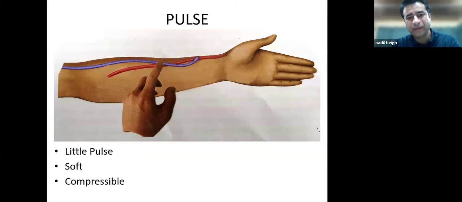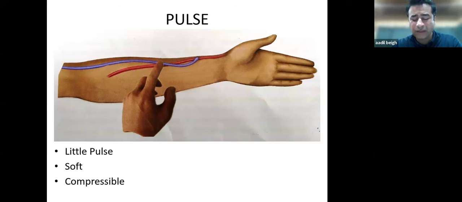Remember, a pulse is abnormal for the fistula. If there's a pulse, that means there's a problem. There is no pulse in the fistula, never. If it's a high flow fistula, it has a little pulse, but it's compressible and soft. If the fistula is not soft and not compressible when you put your hand on it, and there's a pulse, with no flow going in diastole and flow going in systole only, that is a pulsatile fistula, which means there's a problem.